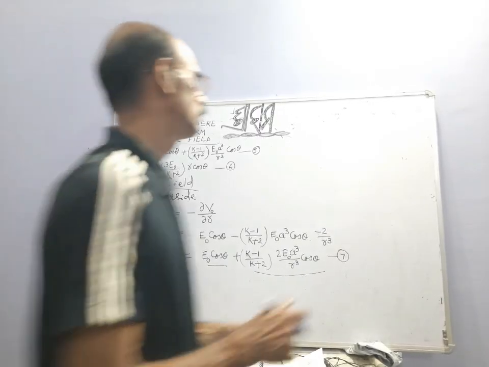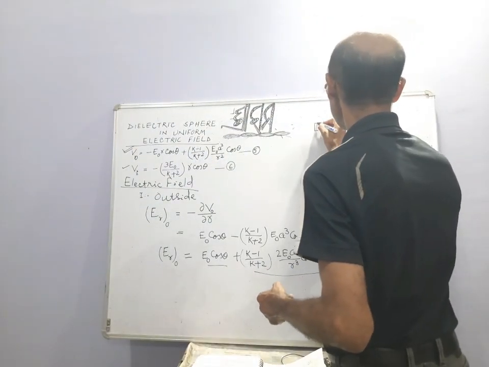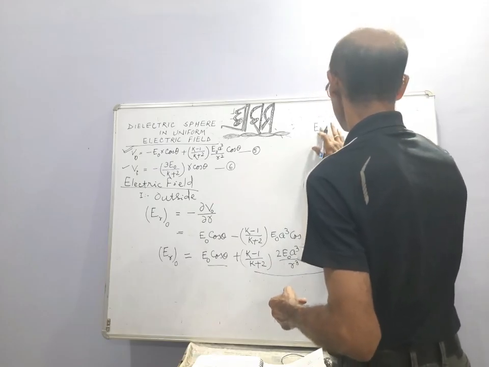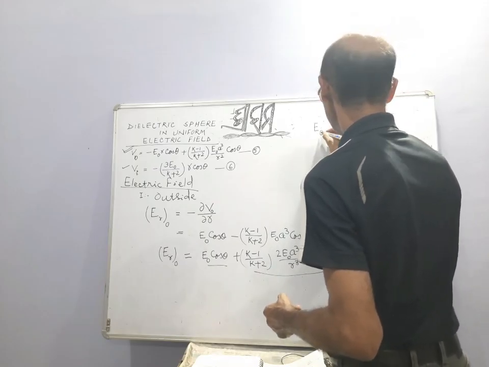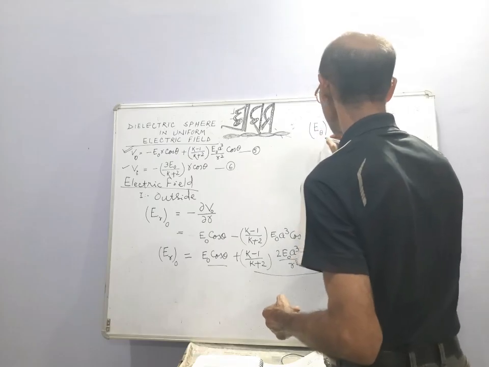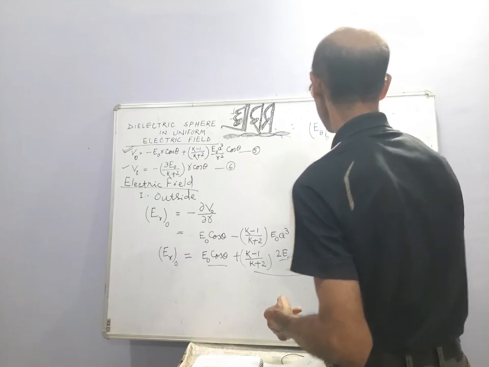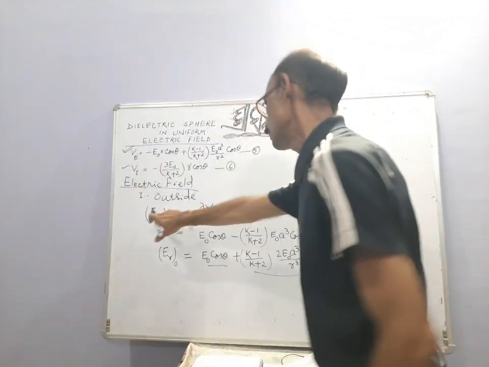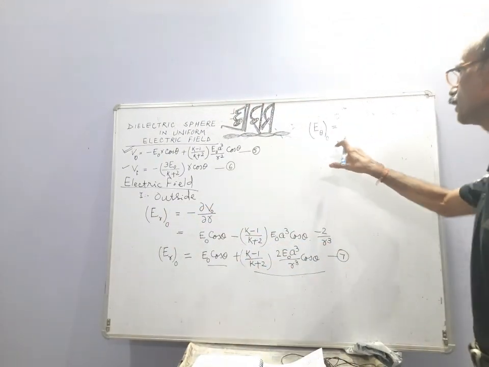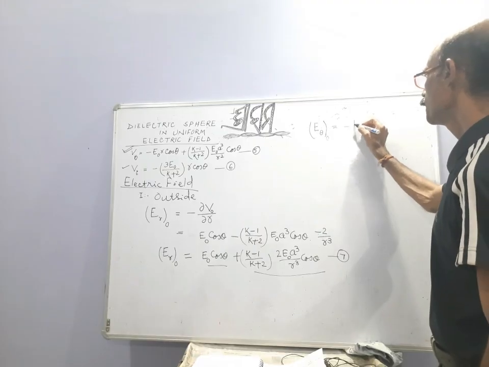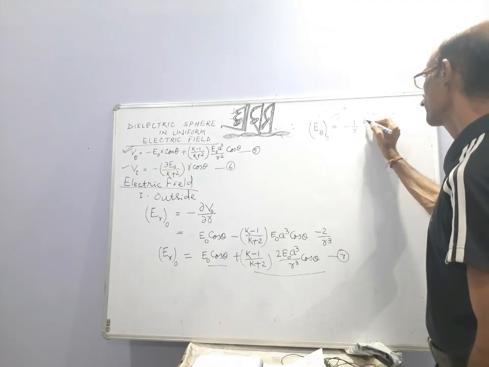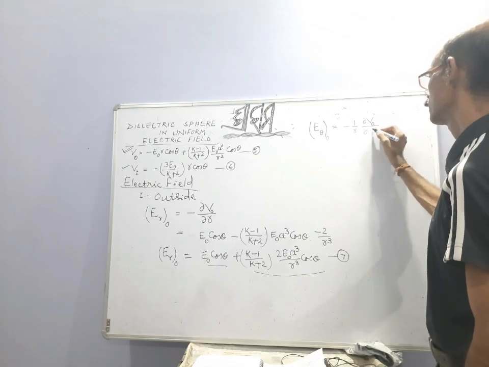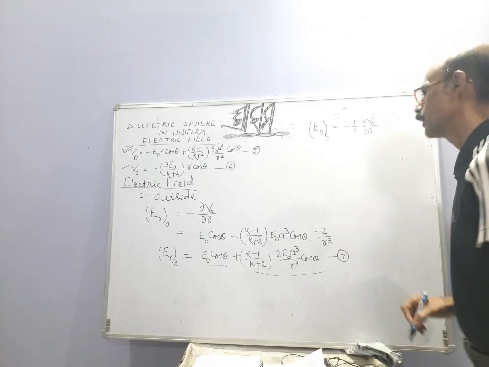We will find out the electric field for the theta component, E theta outside. This is E_r outside, this is E theta outside. For E theta, we have minus 1 by r, since it is outside, del V_o by del theta.